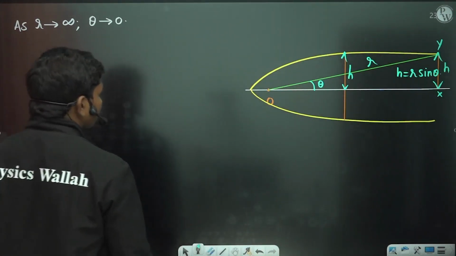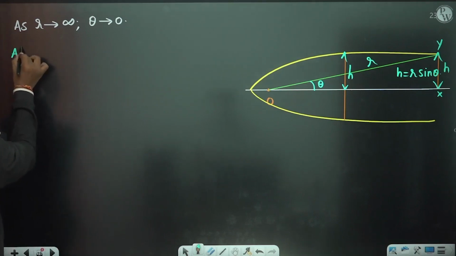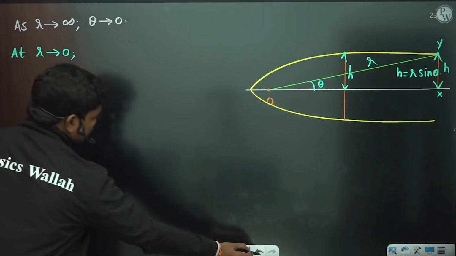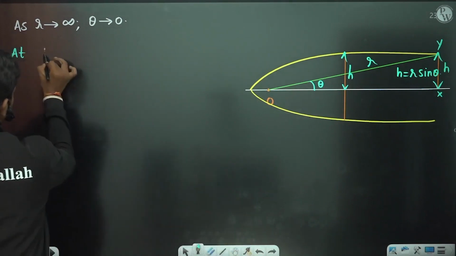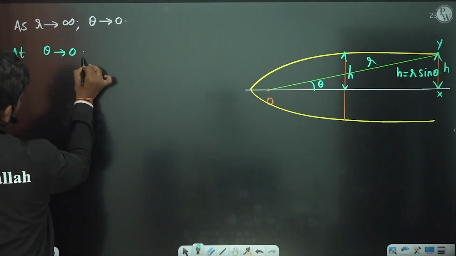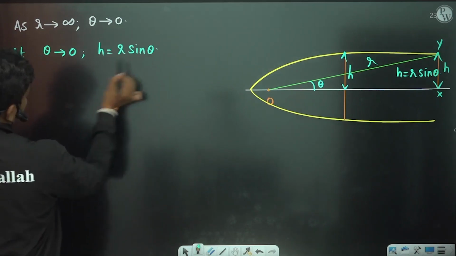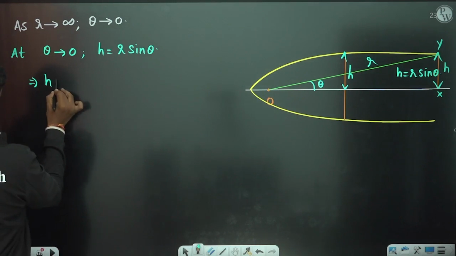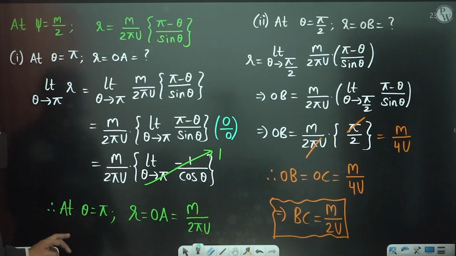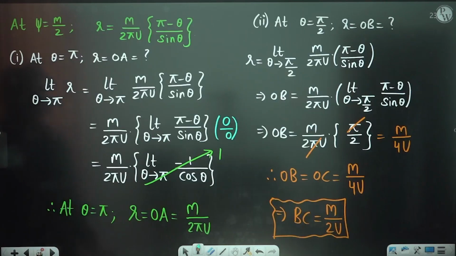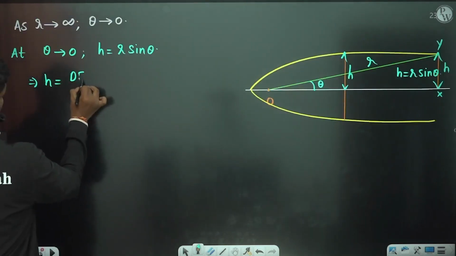So therefore at theta tends to 0, h is equal to r sine theta, and this h in our case is equal to, as in the previous case, dE by 2.